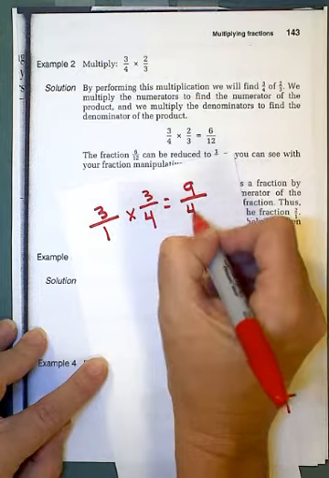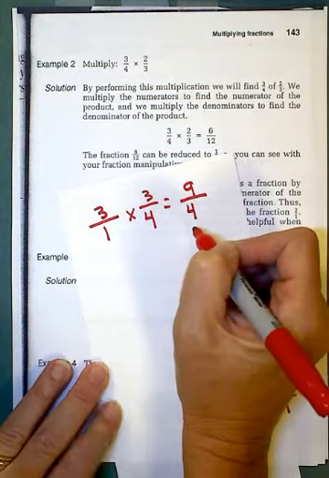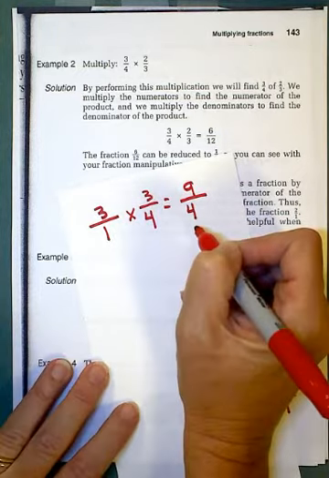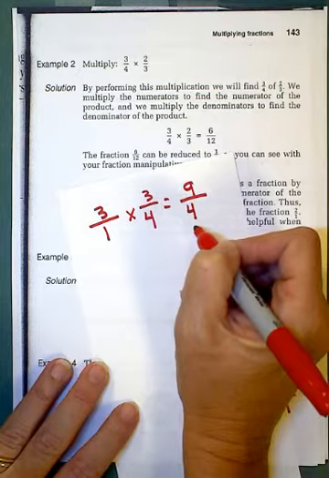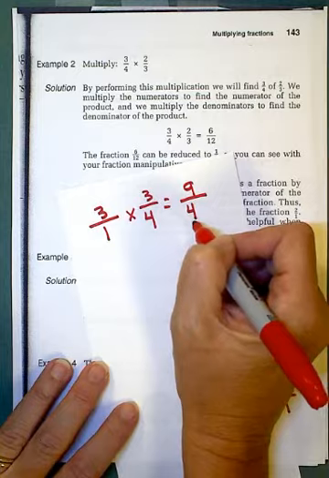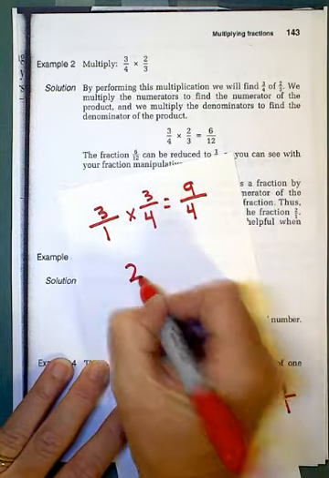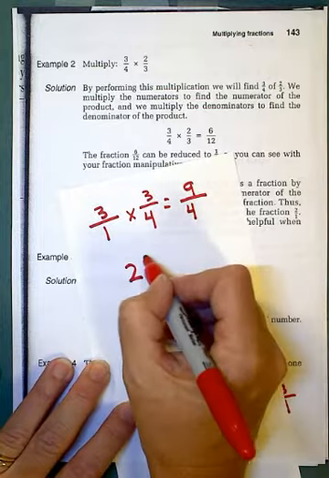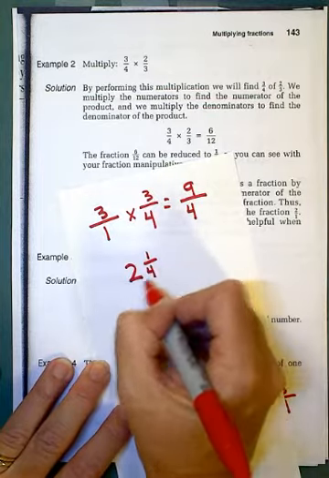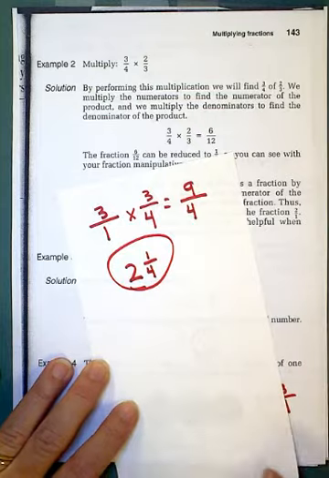I can get 2 groups of 4/4 out of this fraction. That means I can get 2 wholes out, and I have 1/4 left over. In other words, the length of this row of pennies is 2 1/4 inches.